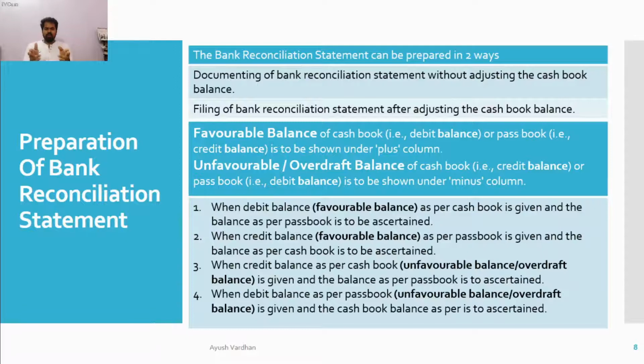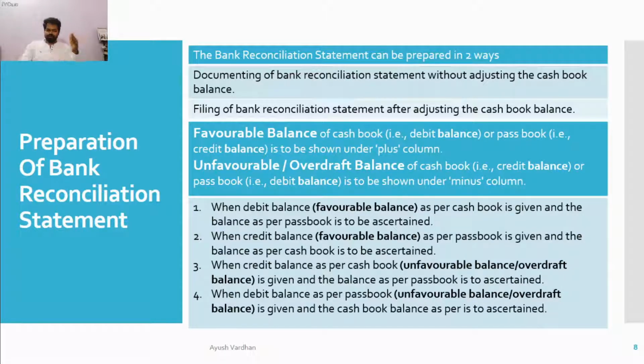In your cash book, the debit balance should be shown, and in the passbook, the same is shown as a credit balance. So that comes under the plus column. When you make the bank reconciliation, you put a plus and a minus sign in the statement, and all the favorable balances go under the plus sign, and all the unfavorable balances, that is the overdraft balances, you put in the minus sign.